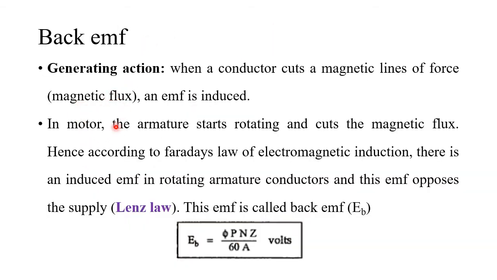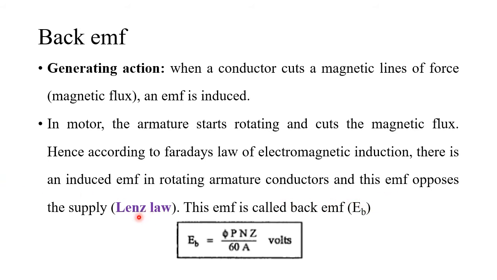In a motor, you can notice that the armature starts rotating and cuts the magnetic flux. Hence, according to Faraday's law of electromagnetic induction, there is an induced EMF in the rotating armature conductor. So there is another EMF in the armature conductor that opposes the supply.